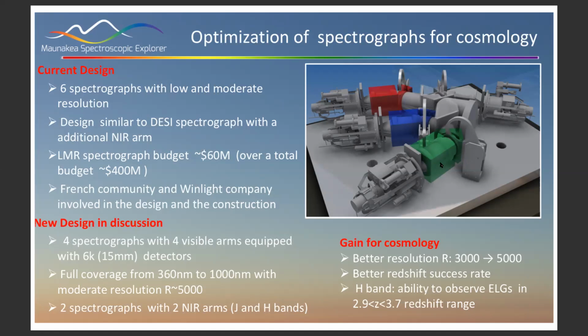And in this case, we will have both J and H band. So this means that we will have a gain in resolution, which is better for the determination of the redshift, which is better also for the Lyman forest. And with the H band, we will have the ability to observe the edges in a redshift range between 2.9 and 3.7.